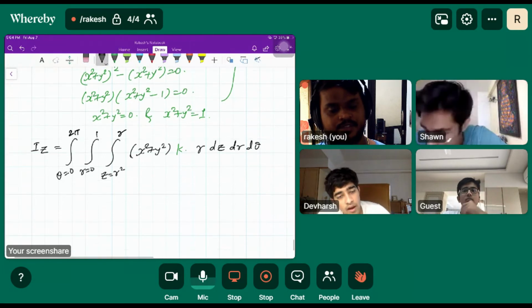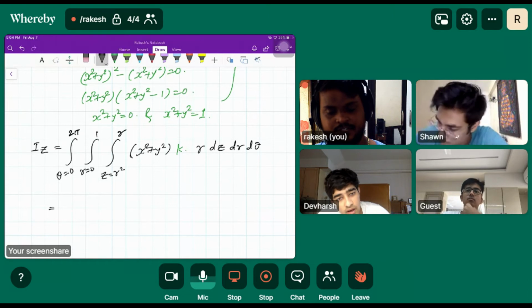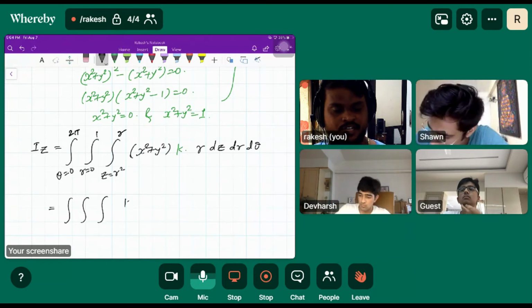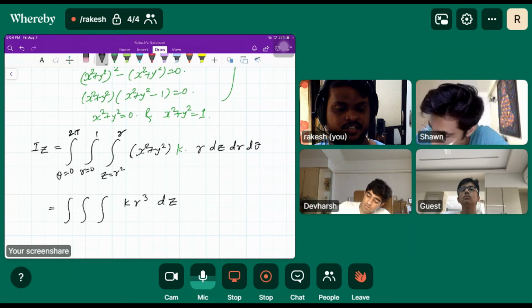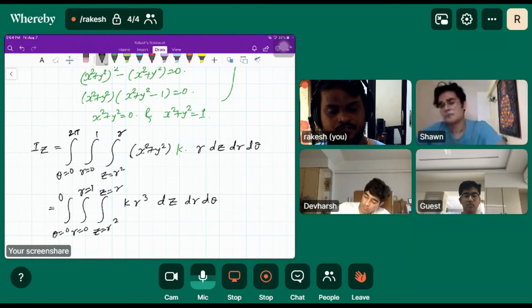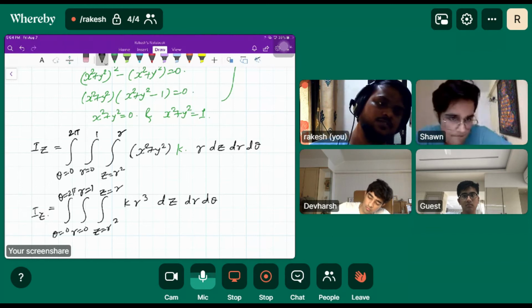And x square plus y square you can make r square, right? We definitely have to do that. So r cube: k r cube dz dr d theta, where z is equal to r square, z is equal to r, r is equal to 0, r is equal to 1, theta is equal to 0, theta is equal to 2 pi. So Iz is equal to this.